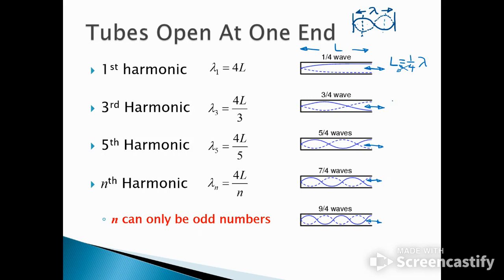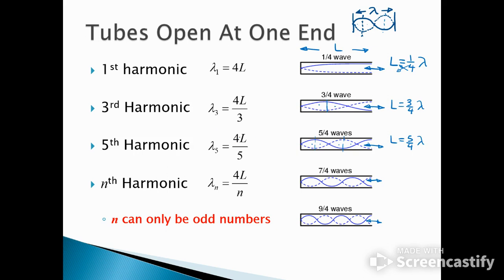We do the same thing here. Here the length is equal to 3/4 of a complete wavelength. 1, 2, 3. And when we solve for lambda, it turns into this. Down here we have 1, 2, 3, 4, 5 quarters. So the L is 5/4 lambda. And when we rearrange, it turns into this.